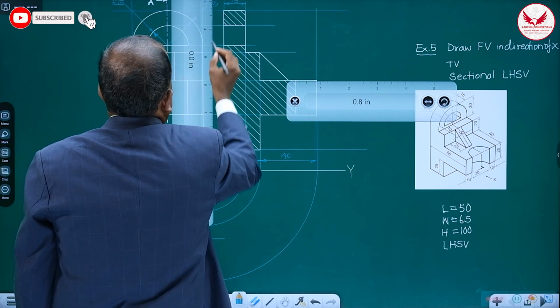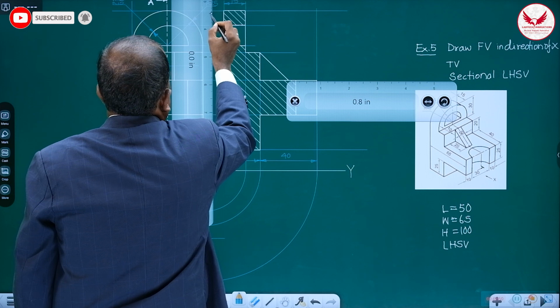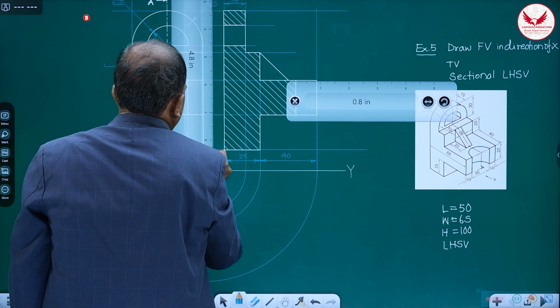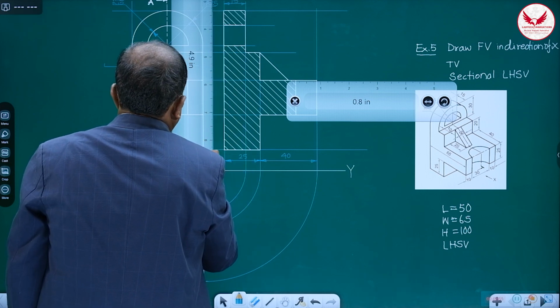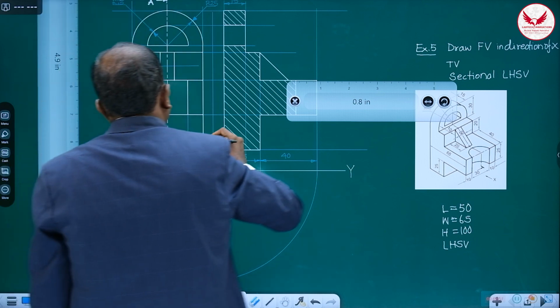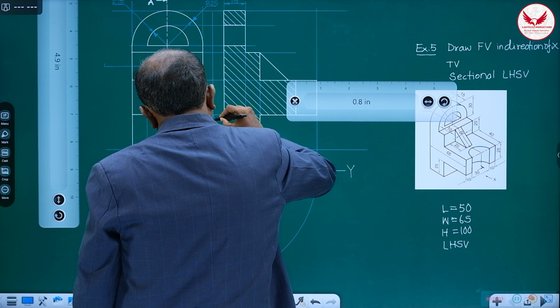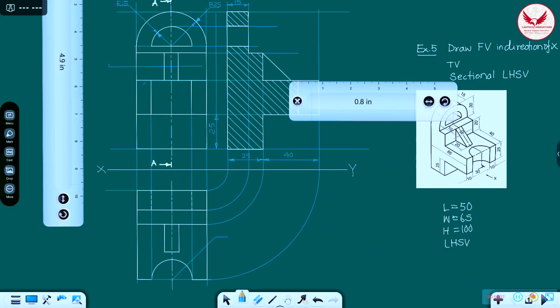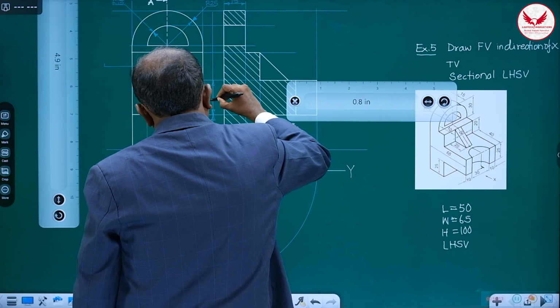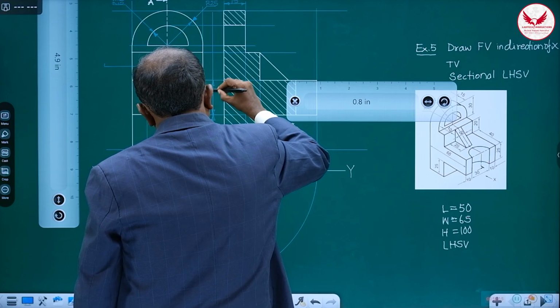Then see, all these dimensions I'll give at one place only, in the front view. It's 25. Then this is also 25.